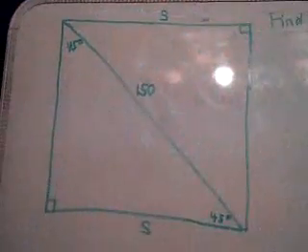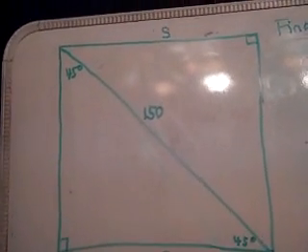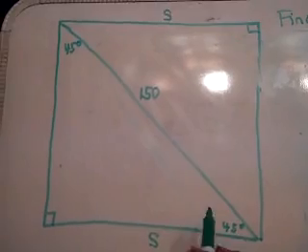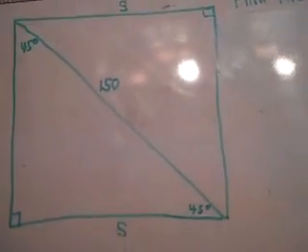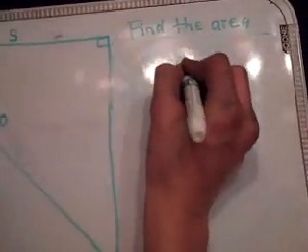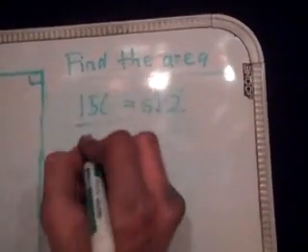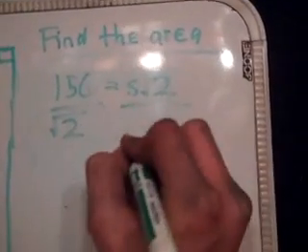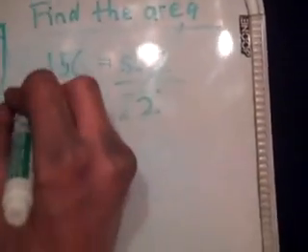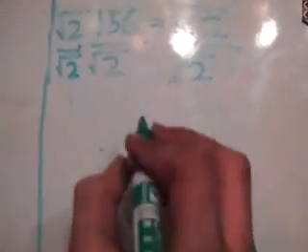In this example, we're asked to find the area of a square when all we know is that the diagonal is 150. Because we know that these are both 45, 45, 90 triangles, we can find the side of the square by knowing that the hypotenuse 150 equals s root 2. To find s, we need to divide each side by root 2 and then rationalize the denominator on this side by multiplying by root 2 over root 2.